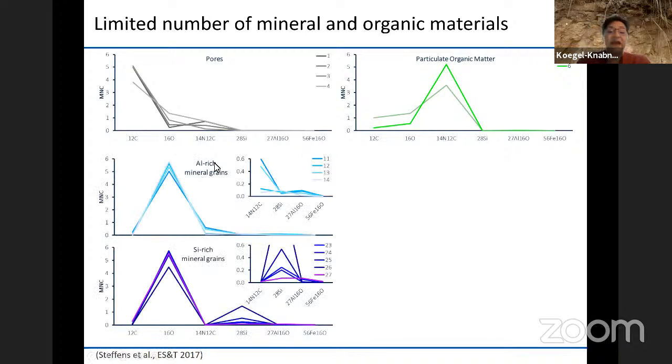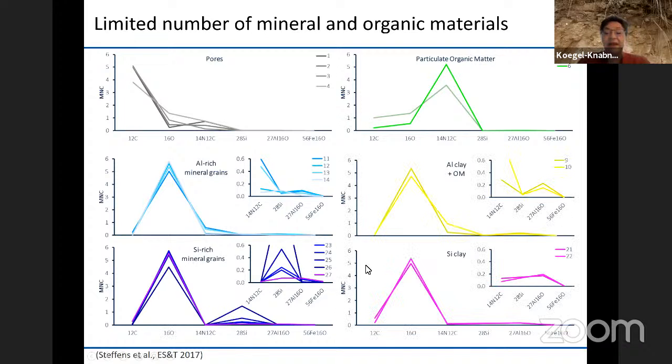Then we have aluminum-rich mineral grains. We have Si-rich mineral grains that have more oxygen and Si. And we have aluminum-rich clays that have a lot of organic matter, and the same for Si clays.